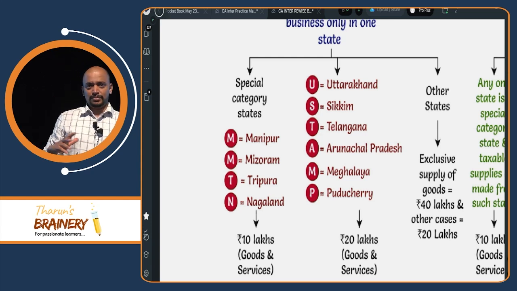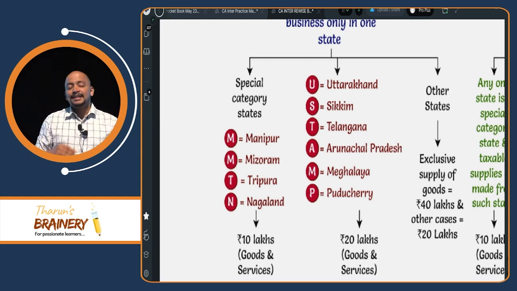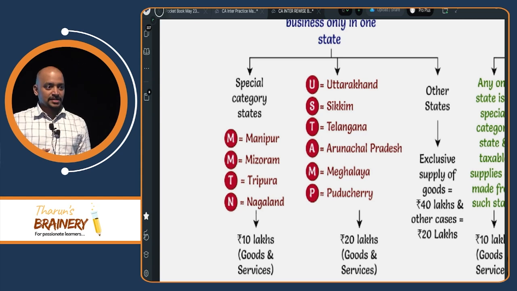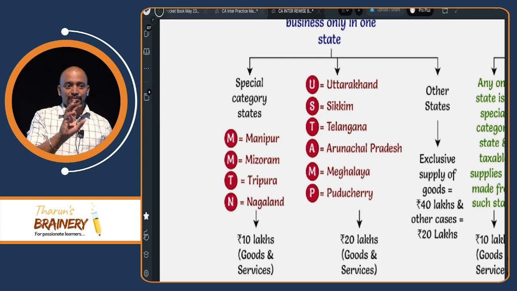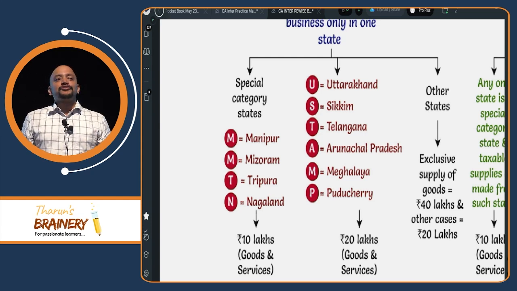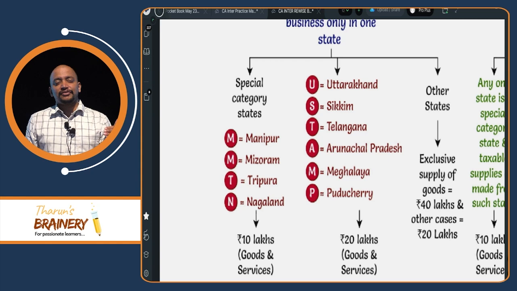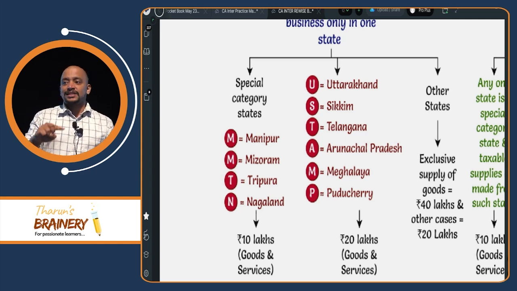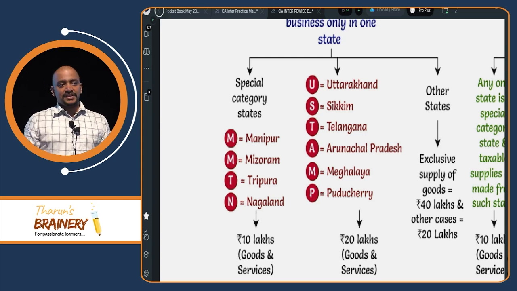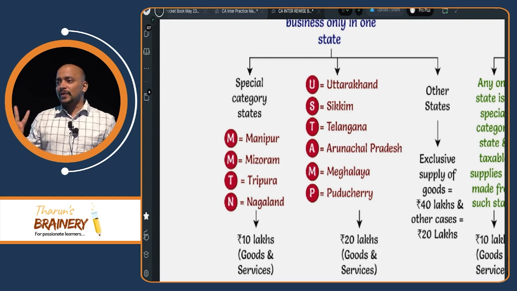Then the limit will be 20 lakhs, let it be goods or services. If you are doing business in other states, other than MMT and USTAMP, then if you are exclusively engaged in supply of goods, the limit will be 40 lakhs. If you are supplying both goods and services, or only services, then the limit will be 20 lakhs.